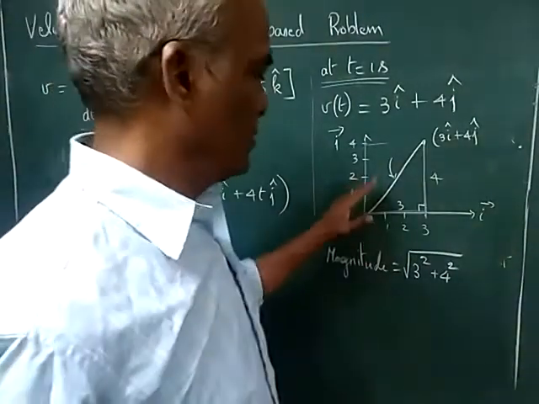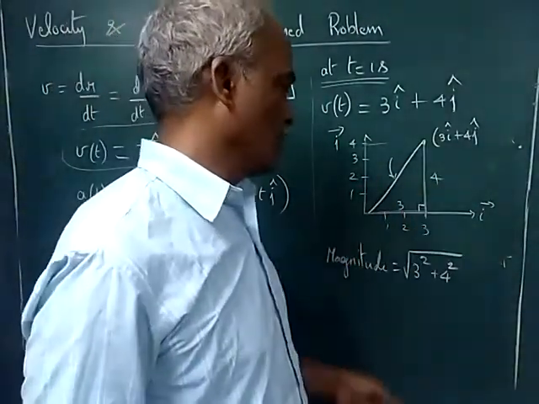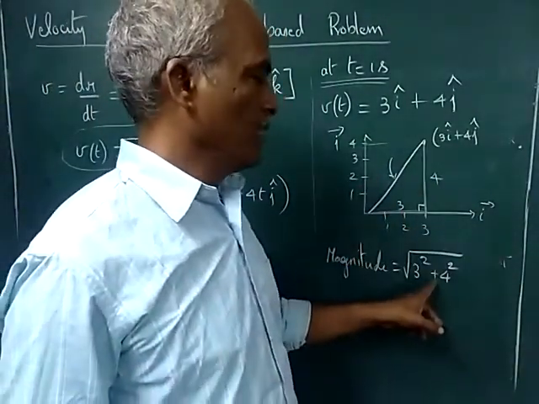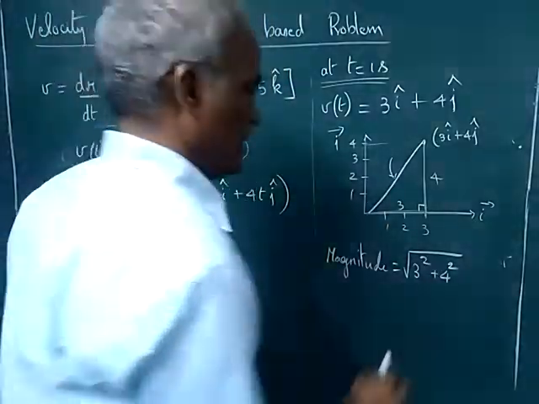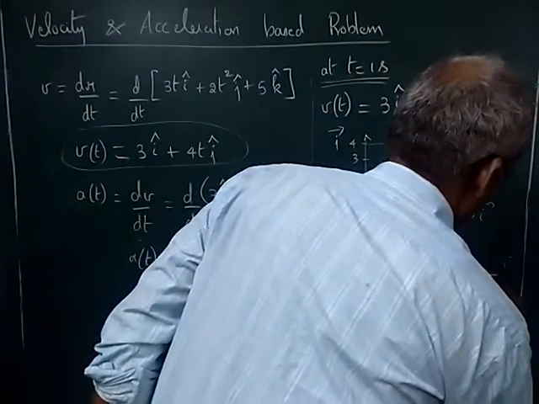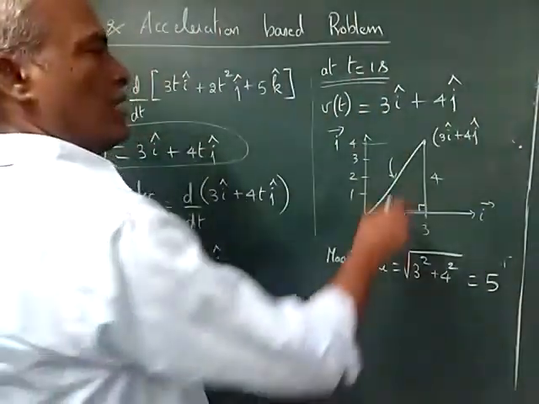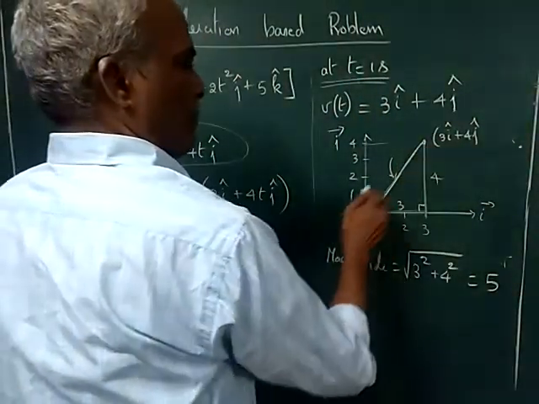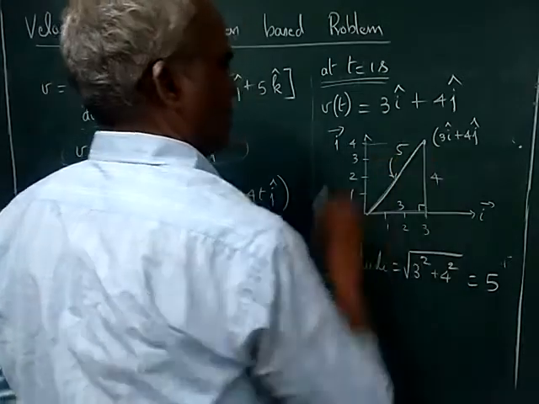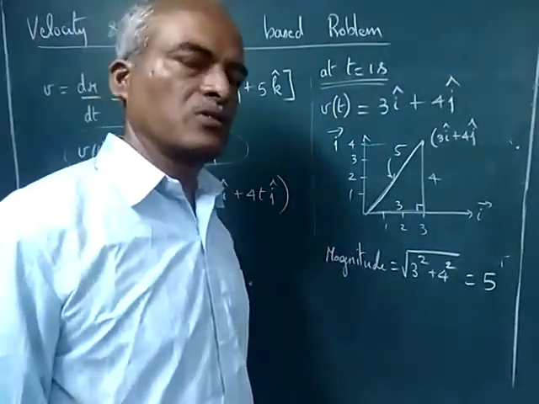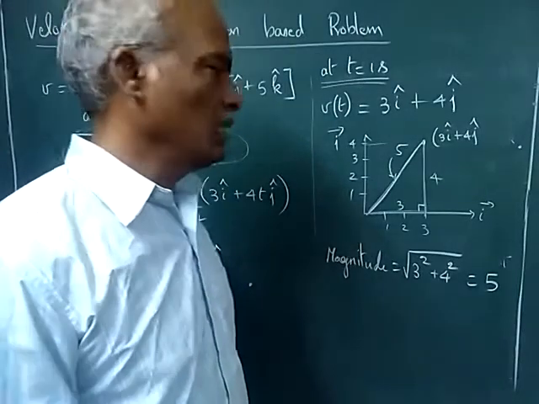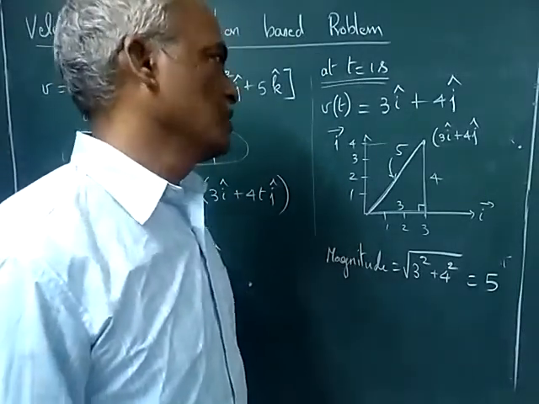Hypotenuse square is equal to side 1 square plus side 2 square. 3 square 9 plus 4 square is 16. 16 plus 9 is 25. Root of 25 is 5. So the magnitude is 5. That is, we are taking velocity, so the magnitude of that velocity is 5 meters per second.